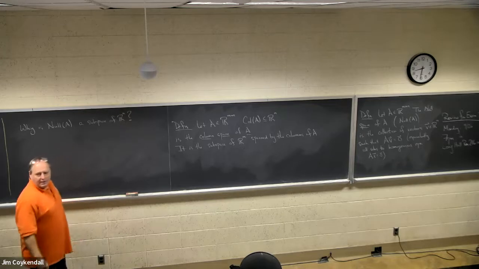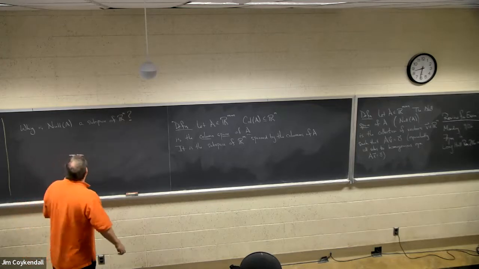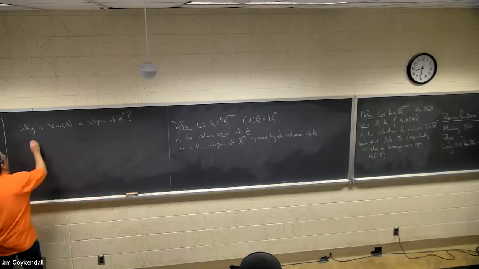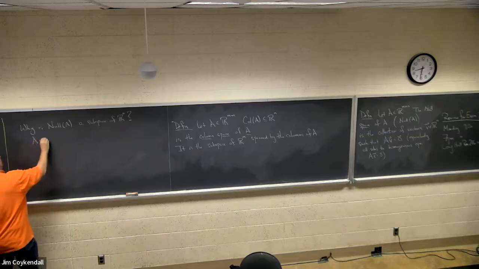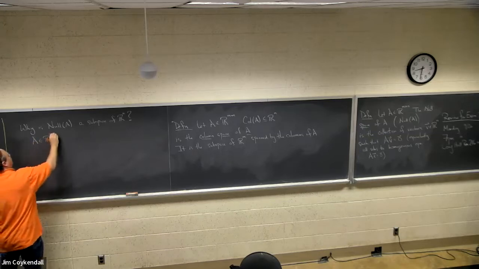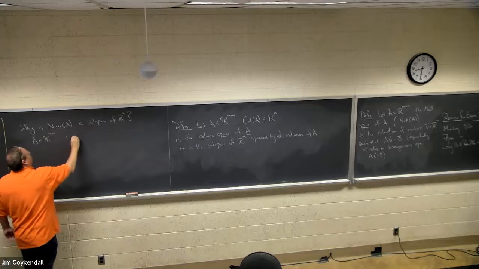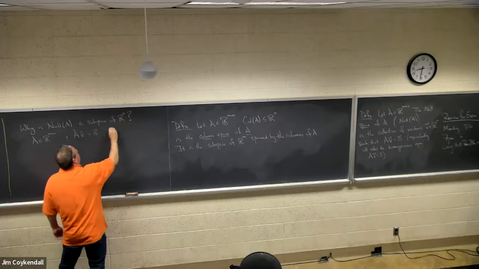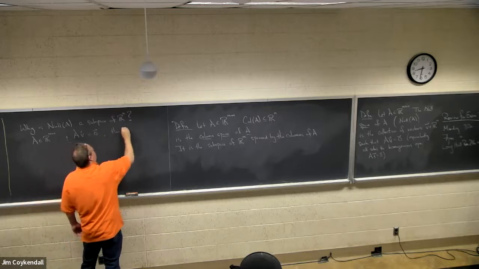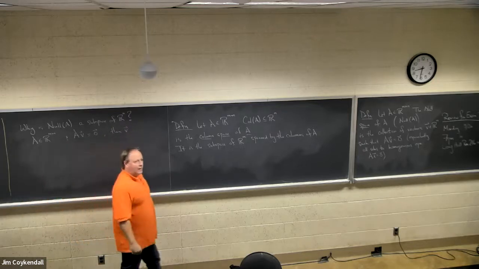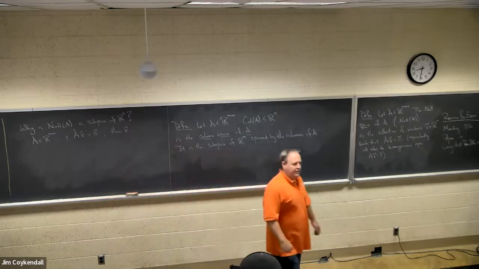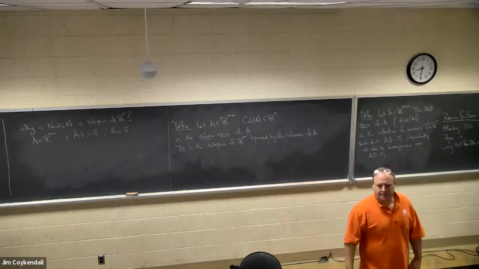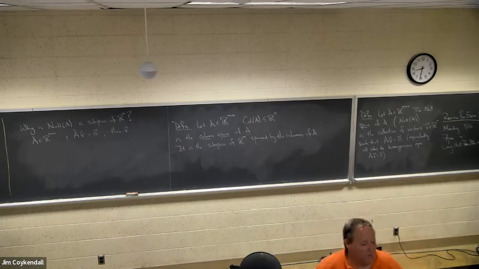Why is null A a subspace? Well, notice that if A is m by n and AB equals 0 vector, where does B have to lie? And this is a simple question in the following sense. I'm not looking for anything specific here.